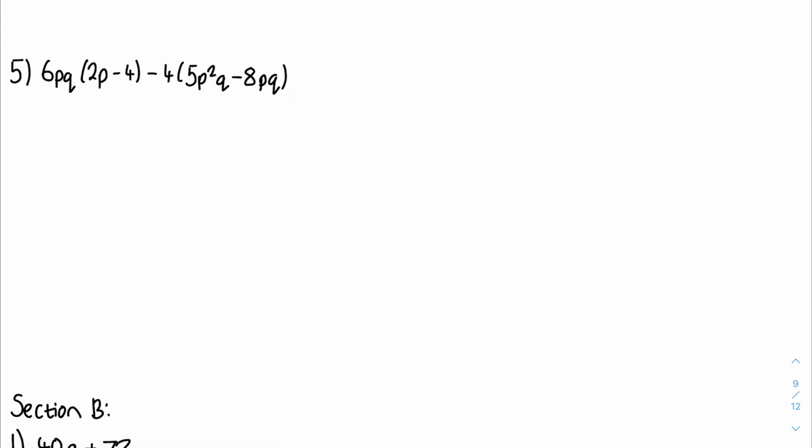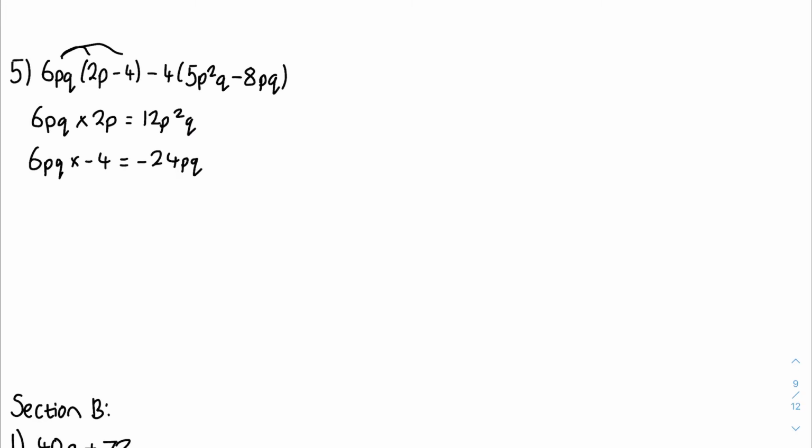Okay, and moving on to the last one in this section, we've then got one where we're going to need to expand and then simplify it. So we'll draw on our multiplier lines to start off with. First of all, we have 6pq multiplied by 2p, which is going to be 12p squared q. 6pq multiplied by negative 4, which is going to be minus 24pq.